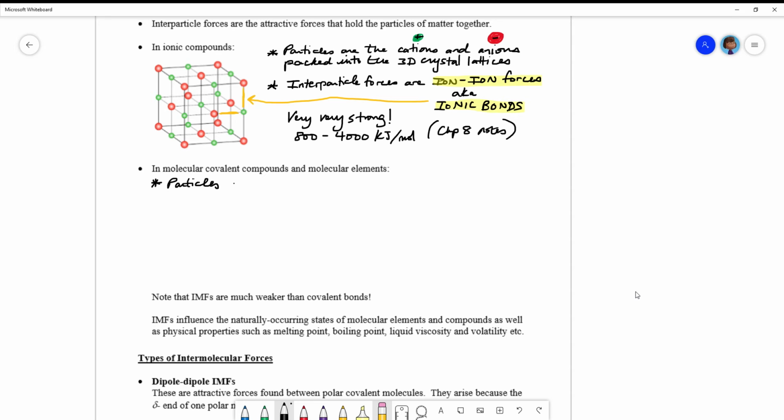Particles are molecules. And we call the interparticle forces between molecules, drum roll please, intermolecular forces. So let's also note here that the interparticle forces are intermolecular forces.